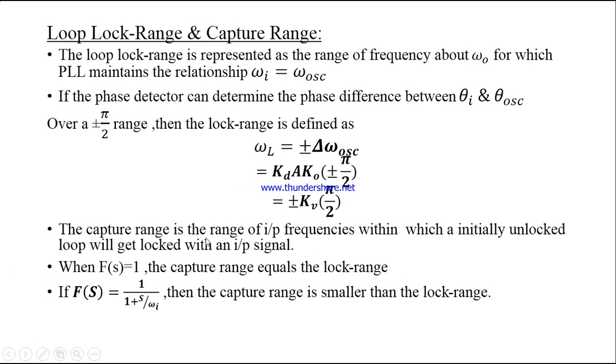The capture range is the range of input frequency within which an initially unlocked loop will get locked with an input signal. When F(s) equals 1, the capture range equals the lock range. If F(s) equals 1 by 1 plus s by omega I, then the capture range is smaller than the lock range.